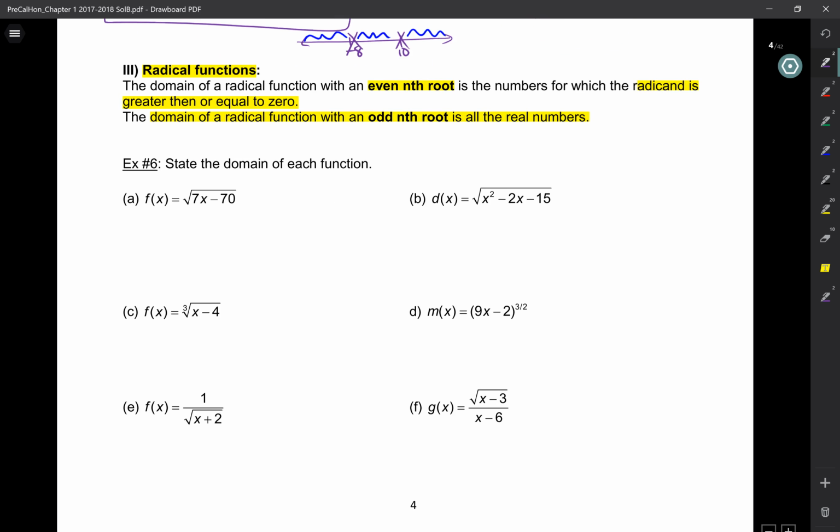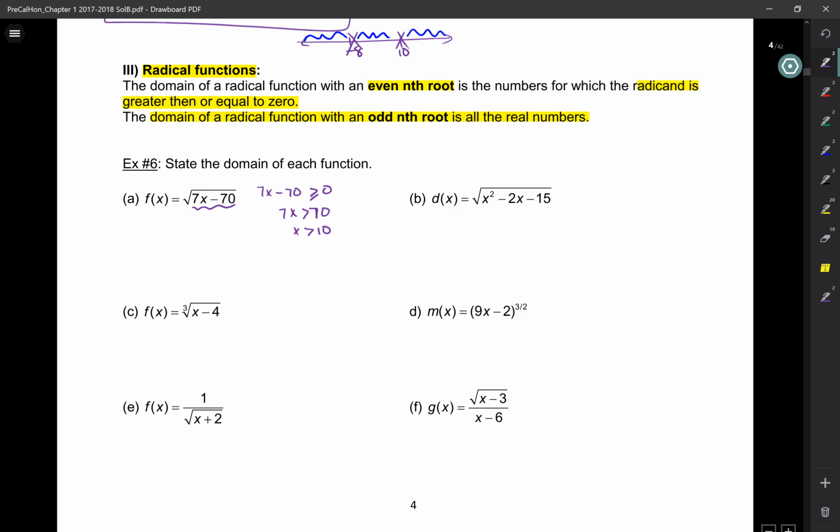So this one here, you go inside and you want that to be greater than or equal to 0.